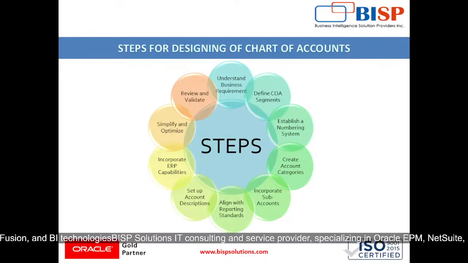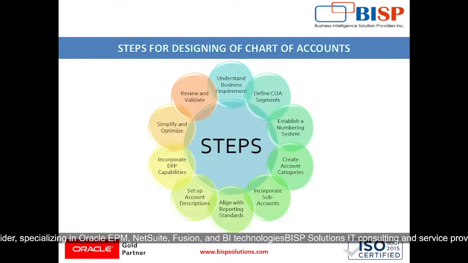Then incorporating sub accounts, which means using sub accounts to capture more detailed information where necessary. So for example sales revenue is there, so we will be providing number as 4100.